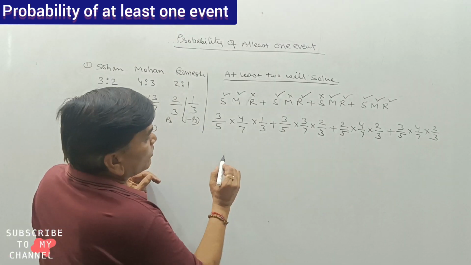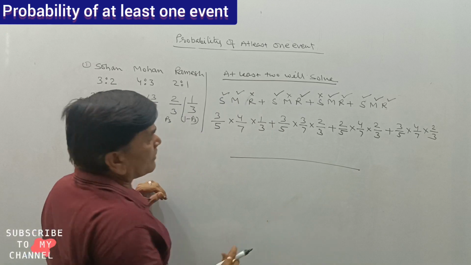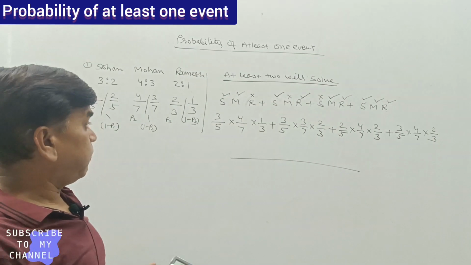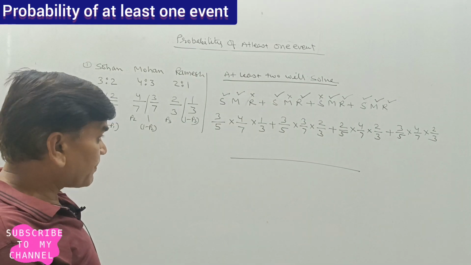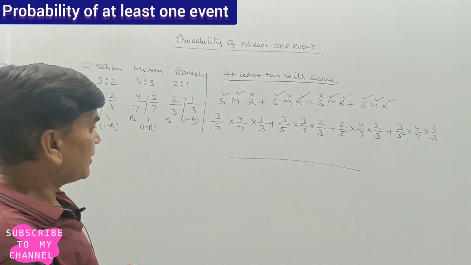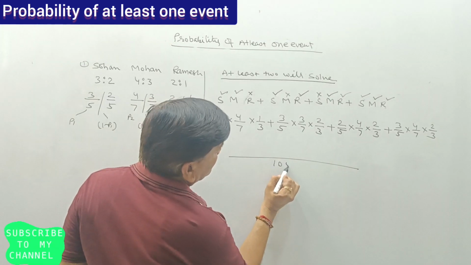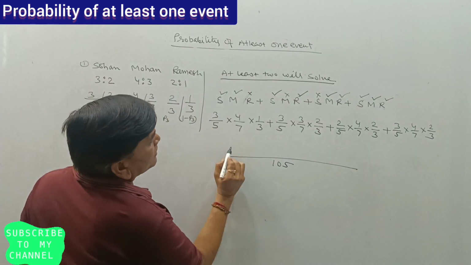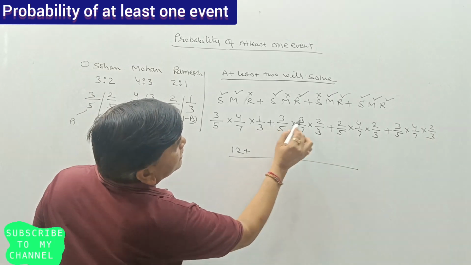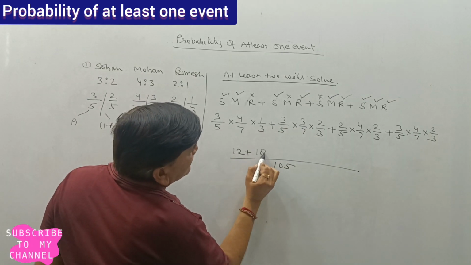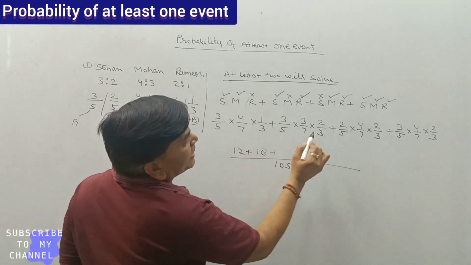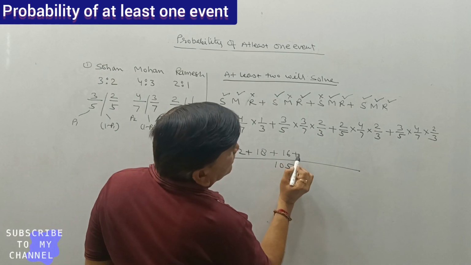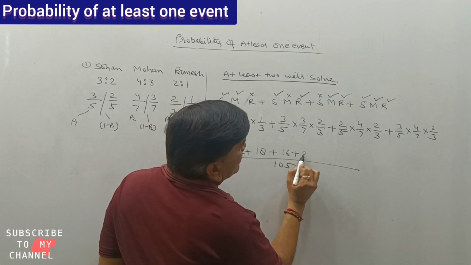Okay. Now getting the LCM. 5 multiplied by 7 multiplied by 3 is 105. 3 fours are 12, 3 threes are 9, 9 twos are 18, 4 twos are 8, 2 eights are 16, 3 fours are 12, 24.